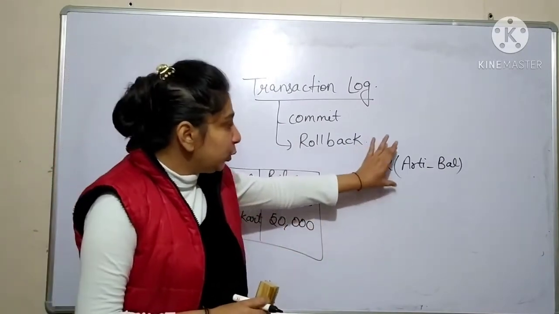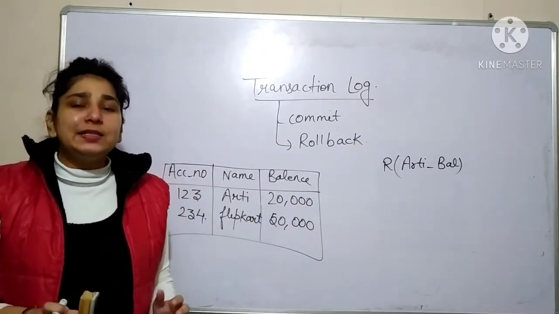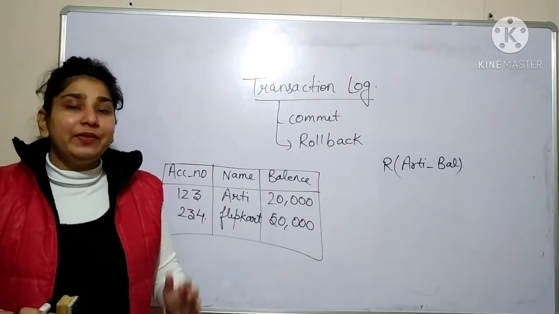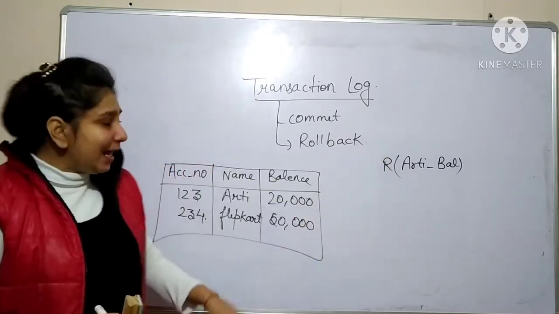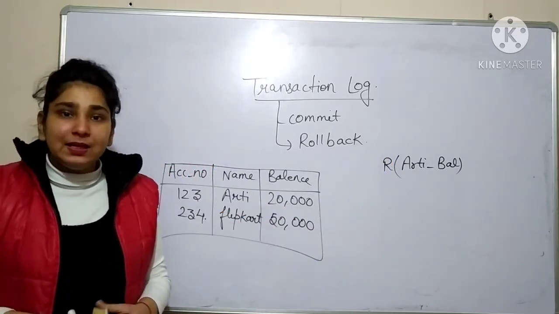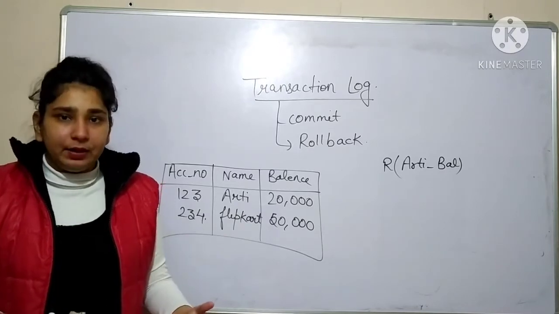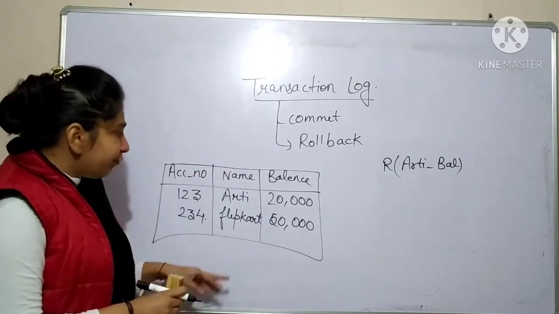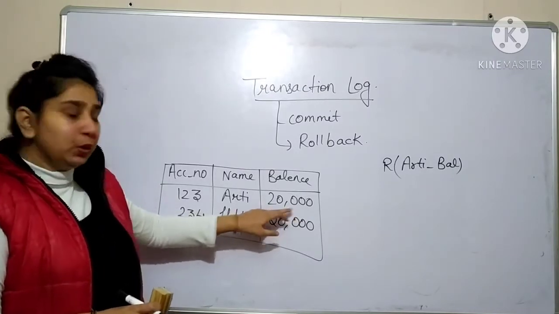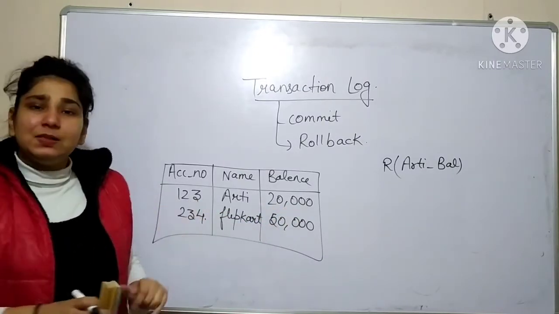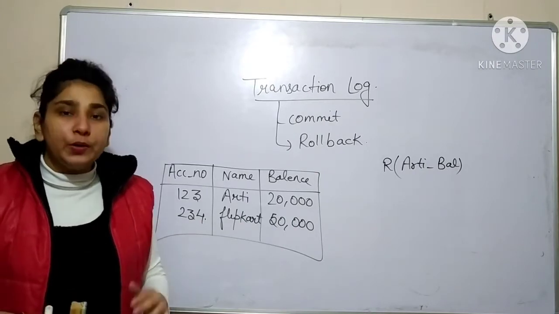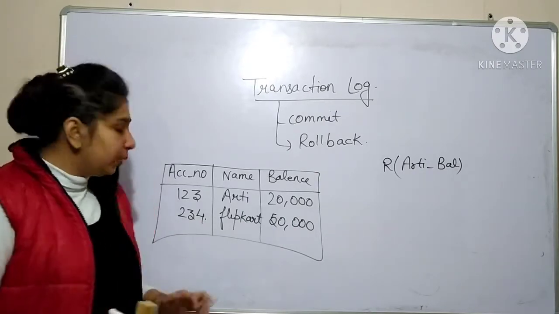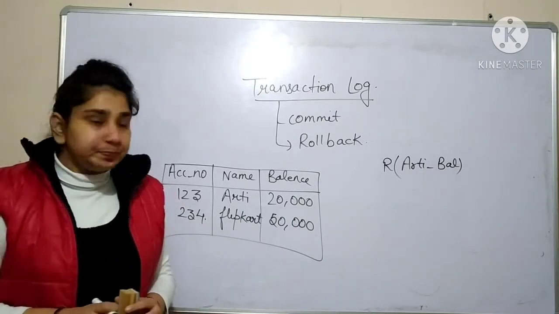Which SQL query do we use for reading data from the database? The select query. So I am using the select query to fetch this value corresponding to account number 123.